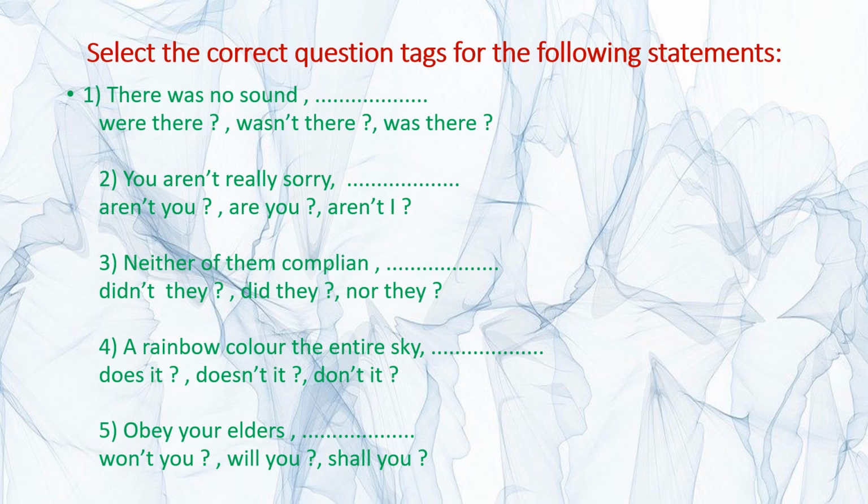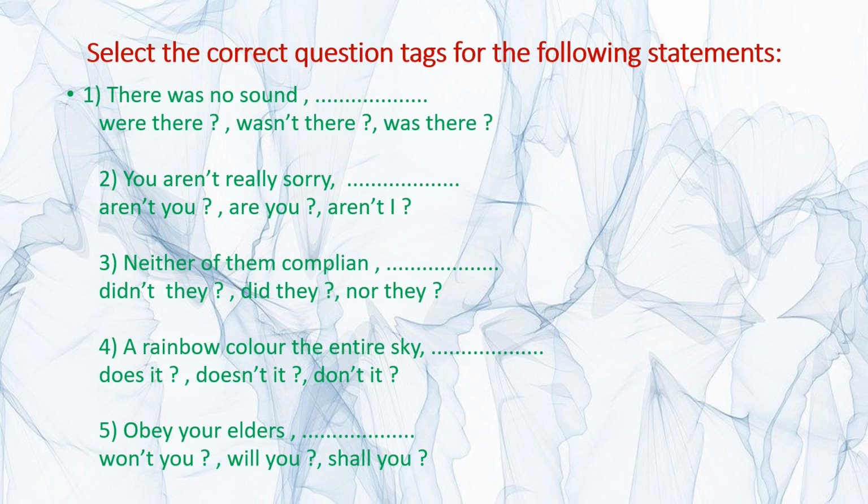Okay, then moving on to our next sentence, that is a rainbow colors the entire sky. That is the positive sentence. So the question tag is going to be negative. So does it will not come. So now we have options between these two, doesn't it and don't it. So what will be the correct one? Yes, doesn't it. Okay, and moving on to our last one, that is obey your elders.